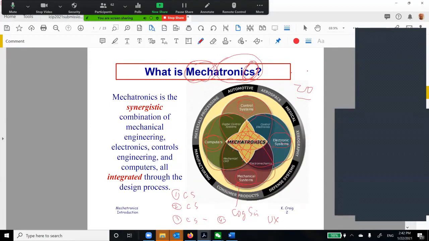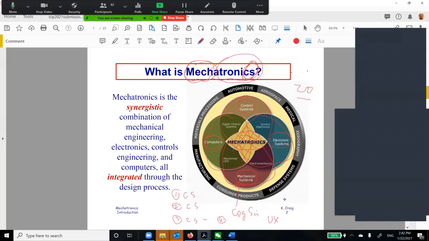So in the beginning of the design, you should put the user in the heart. Understanding that CS is another dimension you should pay attention to. I mean, cognitive science. So I hope you agree.